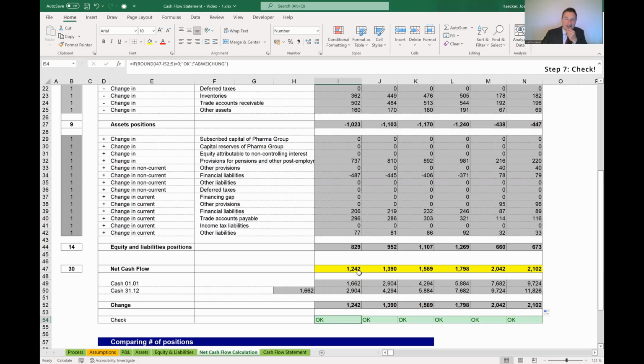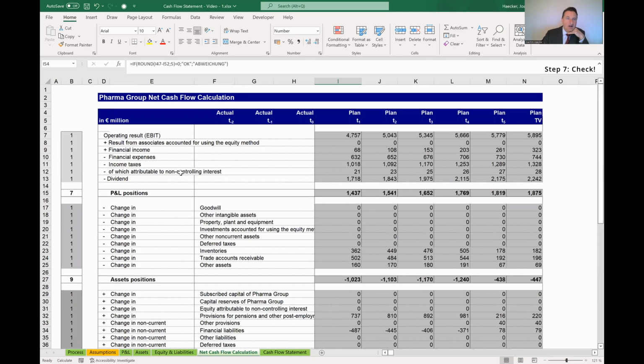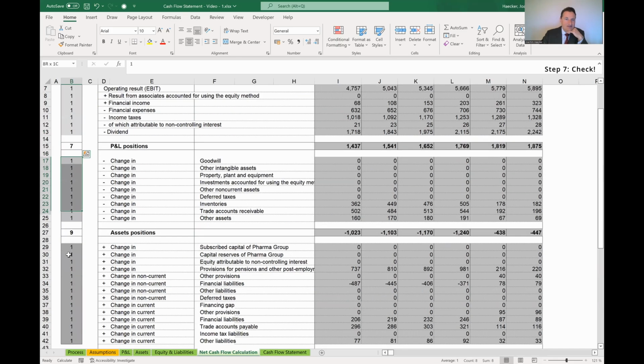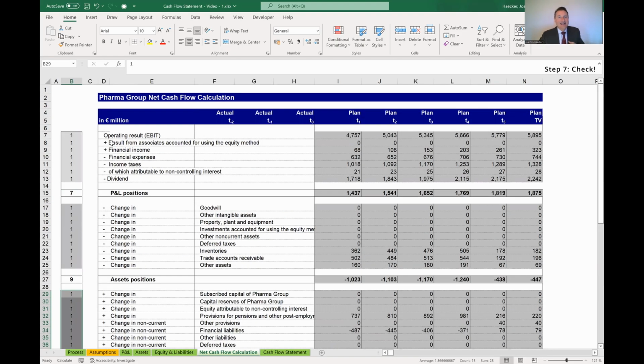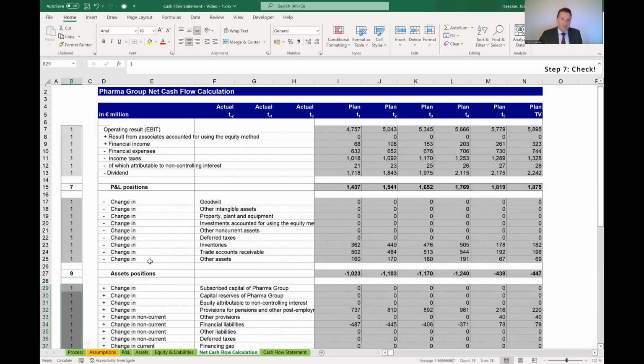If you realize that, this net cash flow calculation is not so difficult. You just make sure you use all the P&L positions, all assets positions, all equity and liabilities positions. All the P&L positions are added if it's an income, subtracted if it's an expense. All the assets positions are subtracted because it means money out.